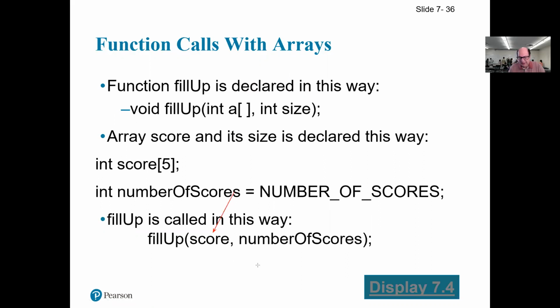It does not have any brackets, it doesn't have anything else. So for declaration and definition, I'm going to have empty square brackets. When I'm calling it, it does not have any brackets. It's just the name of the array.